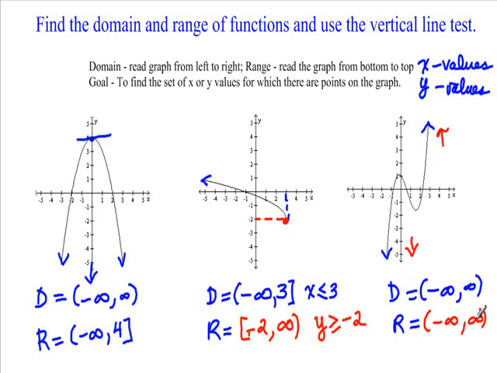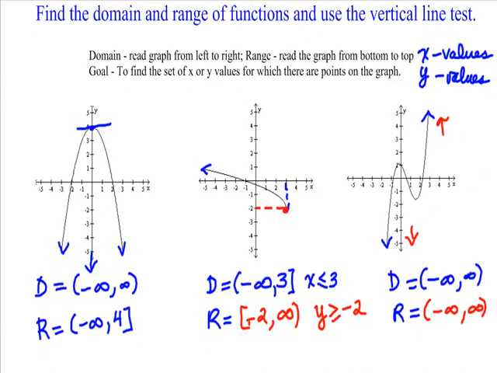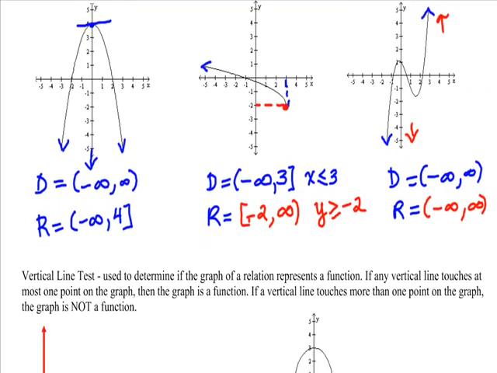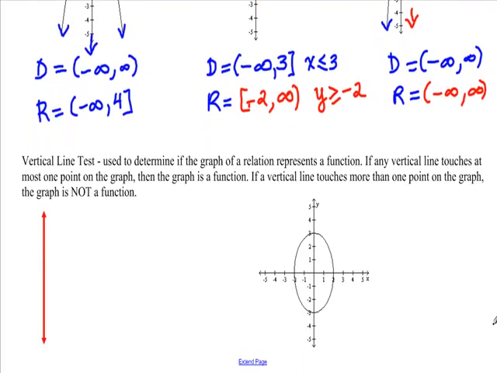Now, the last thing I want to review with you, I think we may have even mentioned this in the last section, is being able to use the vertical line test to determine if a graph of a relation represents a function. You will recall that a function is defined to be a relation such that every x has what? Yes, only one y value that it corresponds to.